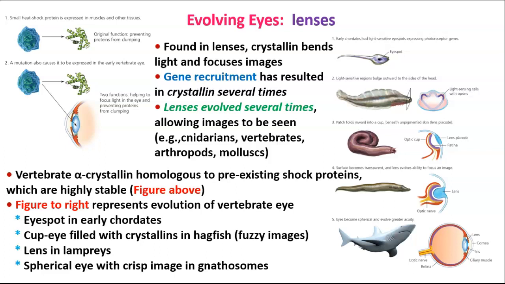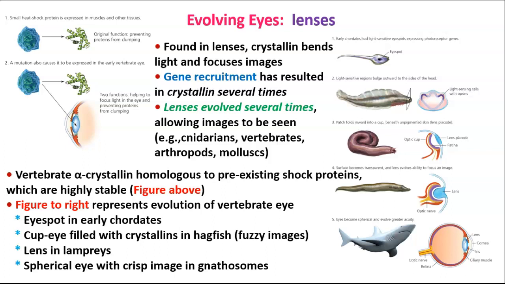But if we focus just on vertebrates, on the vertebrate eye, the alpha crystallins, which is what we have, are homologous, again, to pre-existing heat shock proteins, very stable proteins. And so the figure on the right-hand side of our slide shows the evolution of vertebrate eyes. In early chordates, we essentially have eye spots.